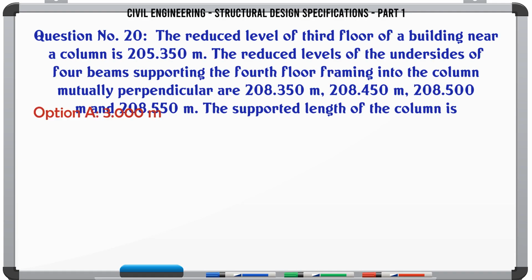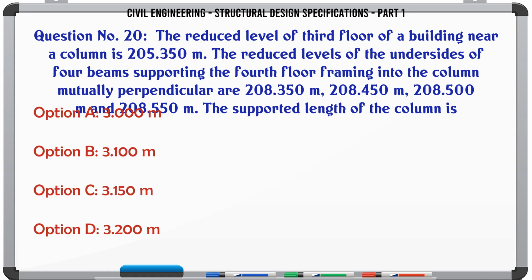The reduced level of the third floor of a building near a column is 205.350 m. The reduced levels of the undersides of 4 beams supporting the fourth floor framing into the column, mutually perpendicular, are 208.350 m, 208.450 m, 208.500 m and 208.550 m.